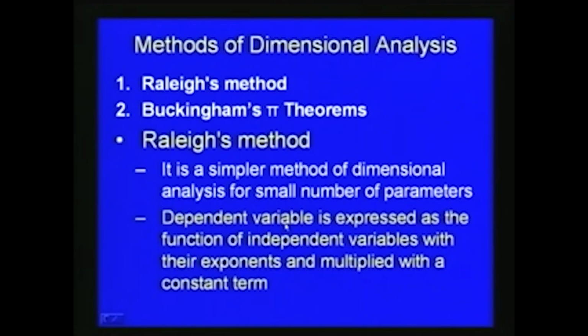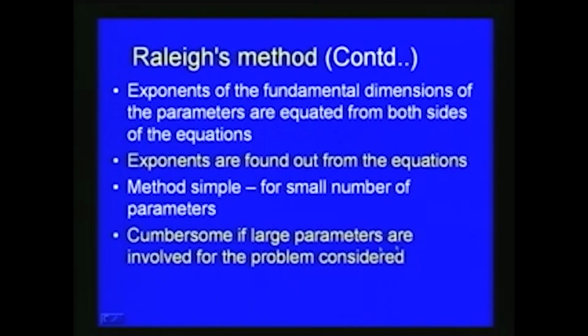So, Rayleigh's method is one of the simple methods, and it is applicable for a particular problem where the number of parameters is small, and where the dependent variable can be expressed as a function of independent variables. Generally, we will try to express the problem in terms of the fundamental dimensions, either mass, length and time, or force, length and time.